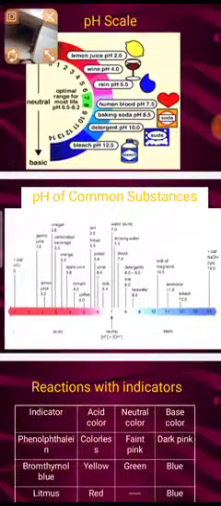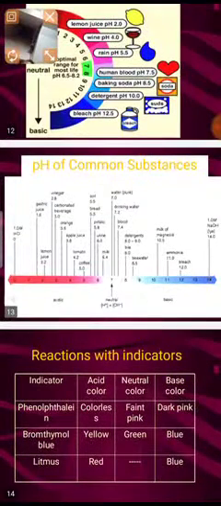On the slide you are seeing the pH of common substances. The graph mentions vinegar at 2.8, apple juice at 3.8, and coffee at 5.